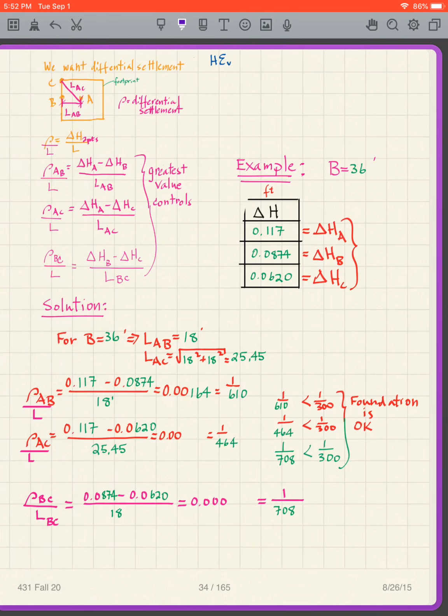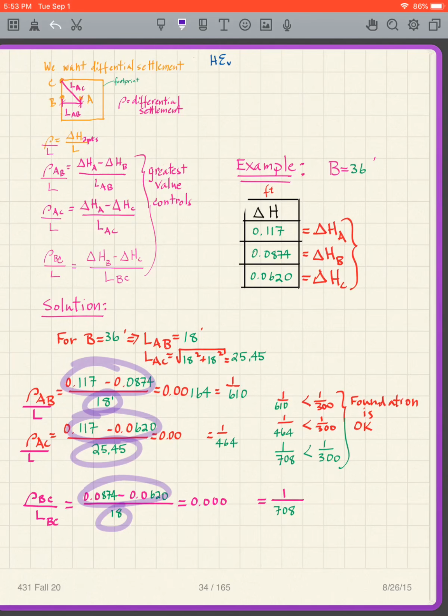And then we do the calculation that we've already gone through, which is, if we take A as the center, B as the edge, C as the corner, we get rho AB over L, rho AC over L, rho BC over L. I'm not going to go through this in detail, but we can plug in all those values. It's 18 feet. Using the Pythagorean theorem, we get 25.45 feet divided by 18 feet.